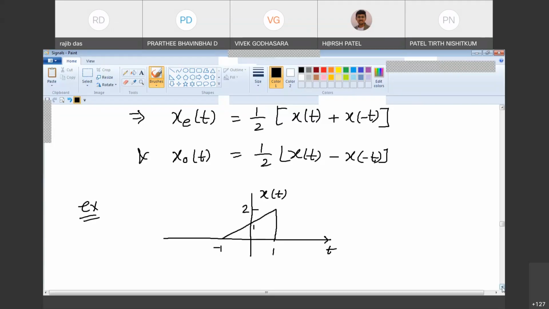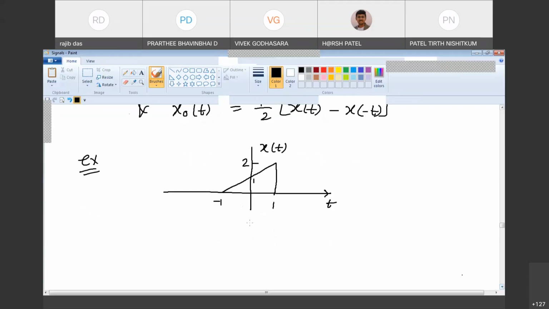So how to get these two? What we'll do is try to obtain its folded one, x of minus t. So how to draw it? We can have a folding of the signal with respect to the y-axis. So this is 1. This -1 will come, this point will be here, +1, and this +1 will now go to -1 on this side.